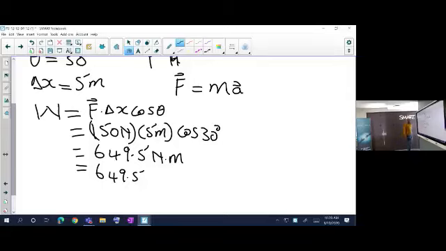We have mass and acceleration. That is the product. If you look at that, you are just going to get a Newton.